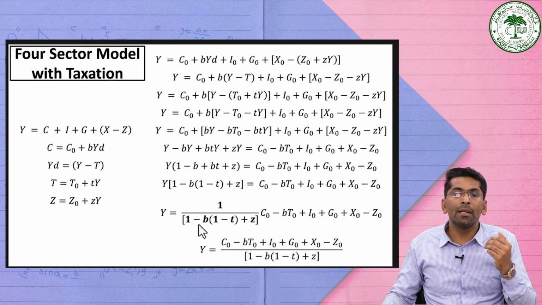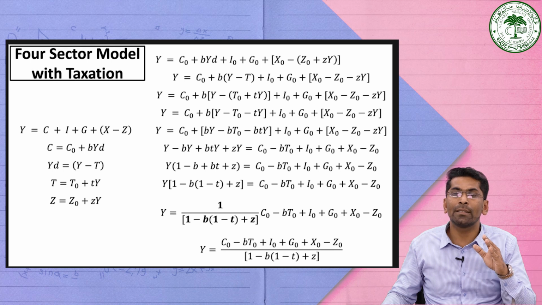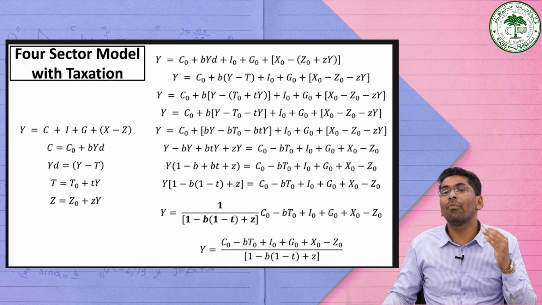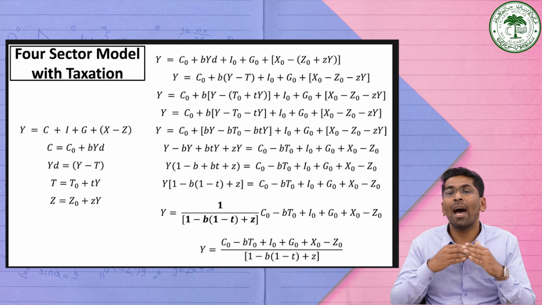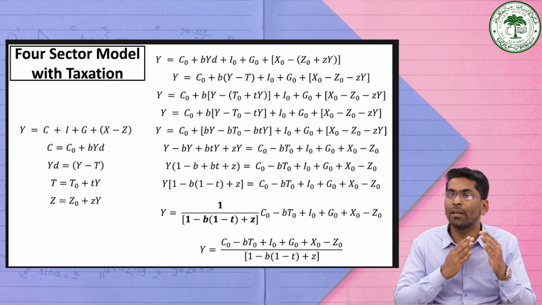So this particular term is generally known as the four sector multiplier effect after incorporating the proportional taxes. So this is showing the various components. Here it is the marginal propensity to consume, the taxation, and we have the marginal propensity to import. And this B into 1 minus T represents the portion of additional income that is consumed after accounting for taxes. So tax is deducted from here.